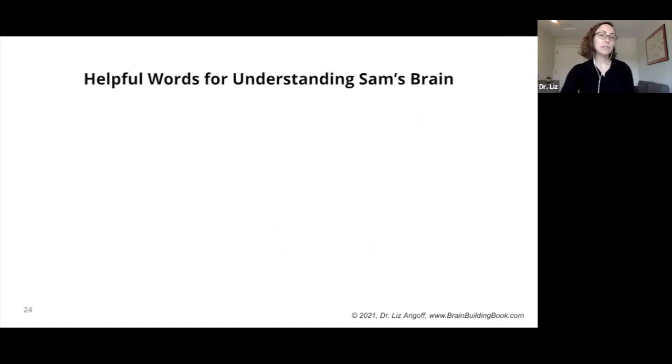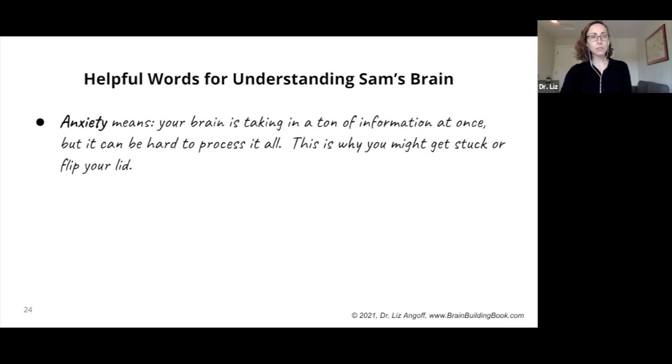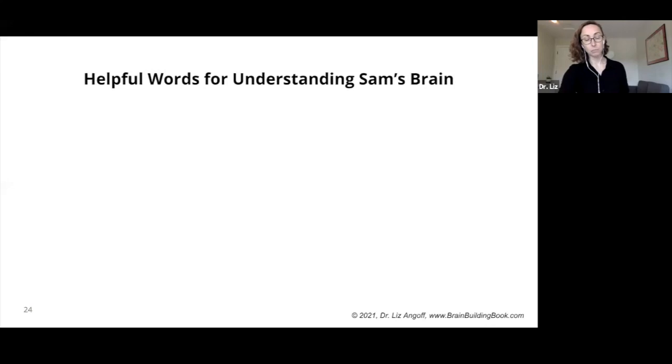Another example for Sam. So Sam ended up with a pretty complex mental health profile. But at the root of it was really this anxiety. And in talking to Sam, I started to see, and within our session we started to define what was Sam's experience as anxiety.